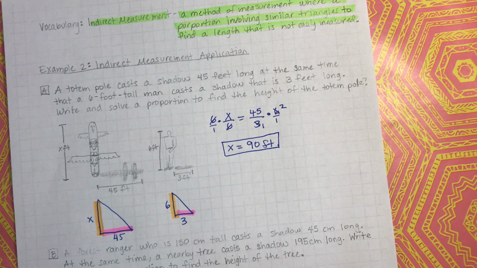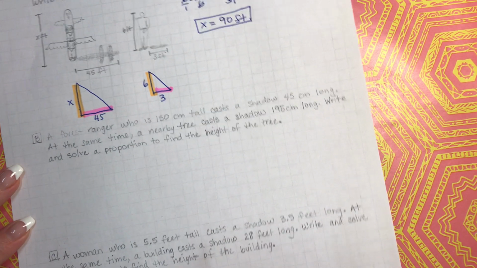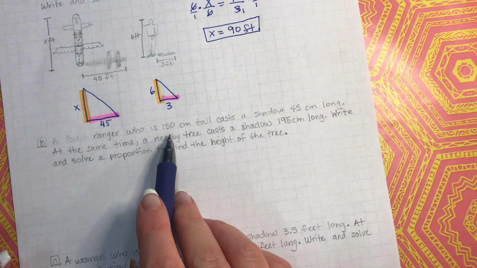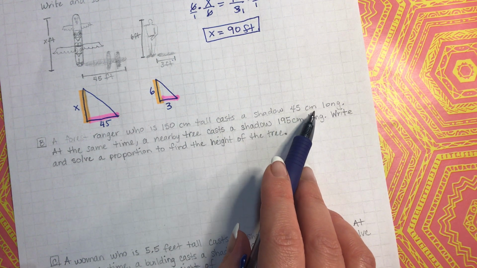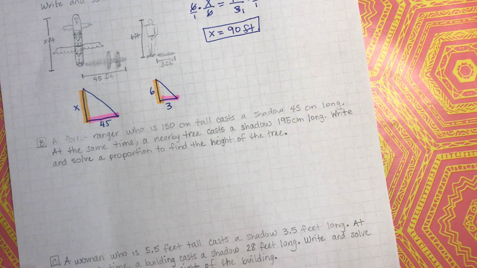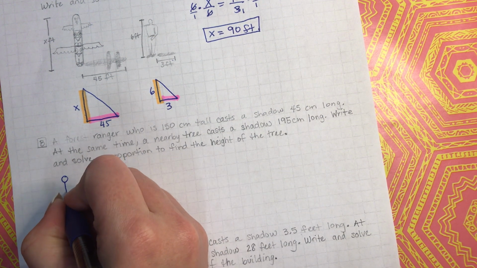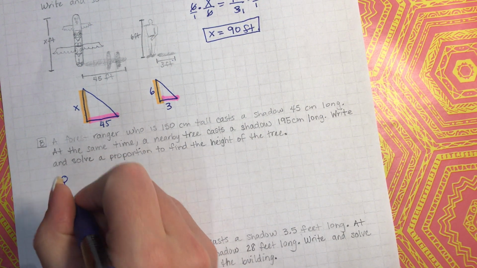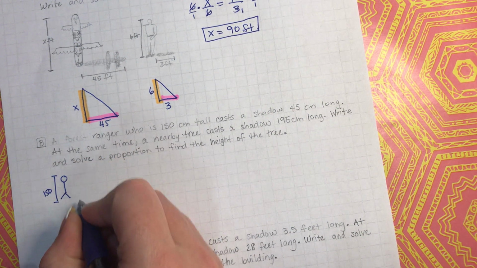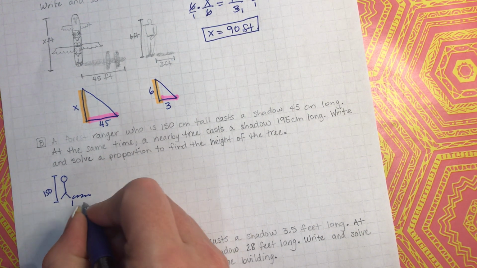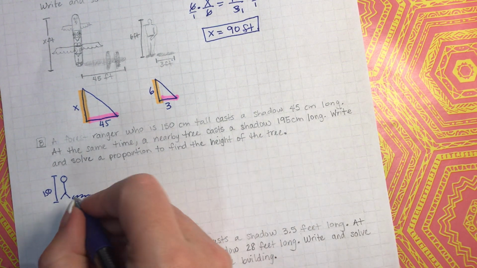So there we go. All right, let's go ahead and try B. It says a forest ranger who is 150 centimeters tall casts a shadow 45 centimeters long. So we have a forest ranger here that is 150 centimeters tall and casts a shadow of 45. I always like to draw pictures, it helps.